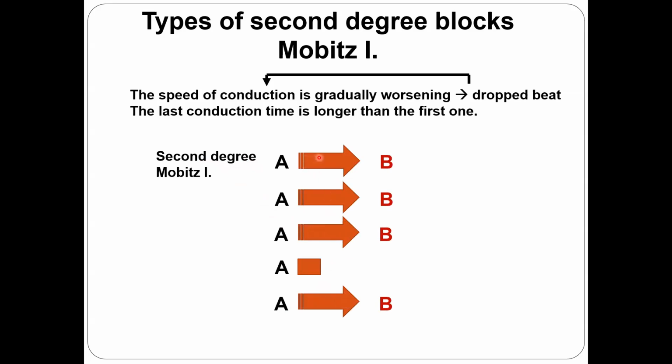As you see here, the conduction velocity is slowing gradually until there is one complete block. Then a little rest is enough for the conducting area to repolarize completely and start again from the beginning. So there is some kind of rhythmicity inside this conduction abnormality.